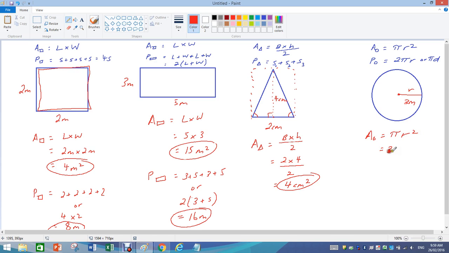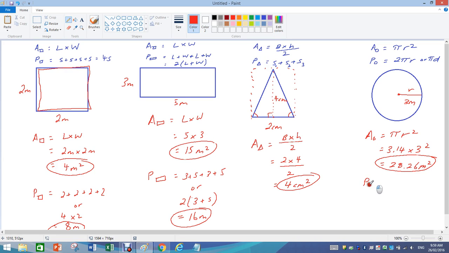Pi is just a number, 3.14, times radius, which is 3 squared. So that is 3.14 times 3 squared, which is 28.26. Again, it's area, so it's metres squared.